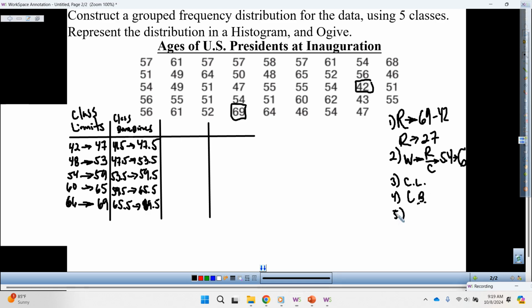Step 5. Tell your neighbor what to do for step 5, then Bree is going to pass someone. Bree. Miros, what do we do for step 5? Tallies. That is correct. All right. So, I'll give you guys some time for the first class tallies first.